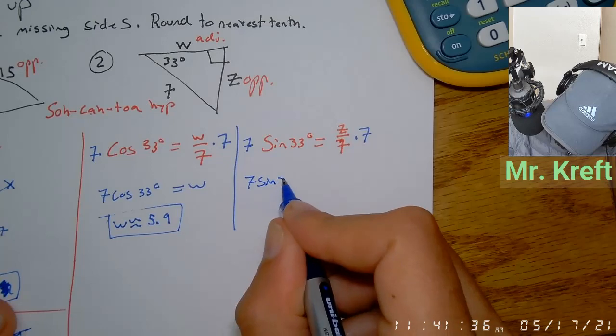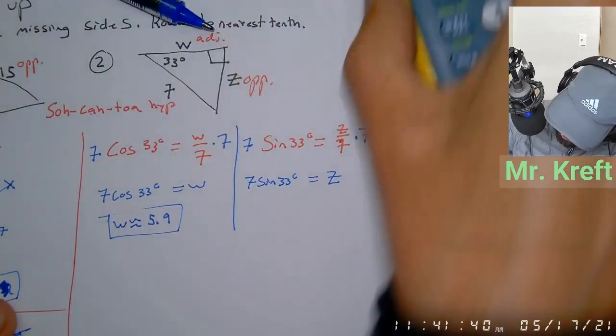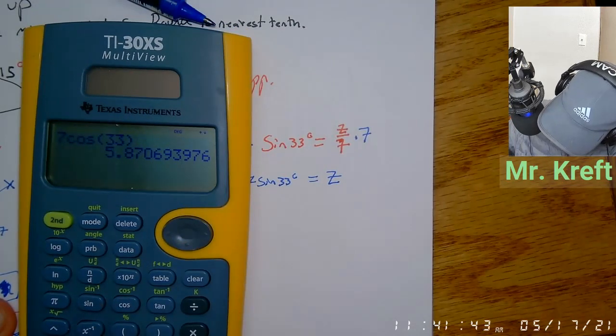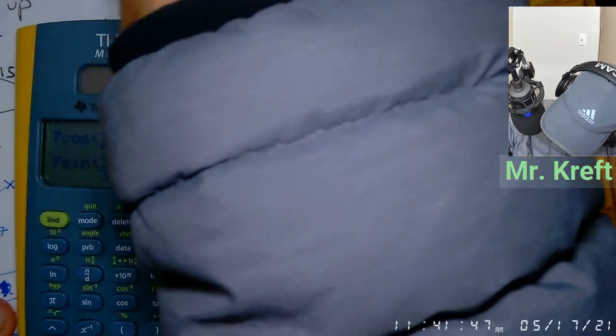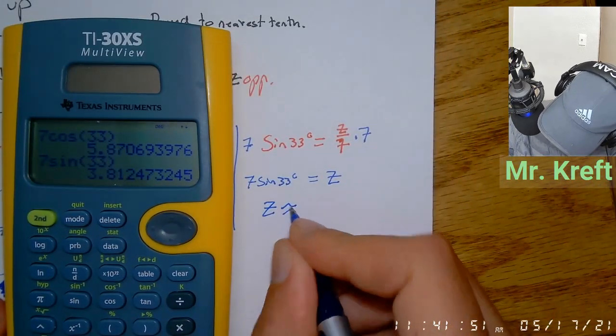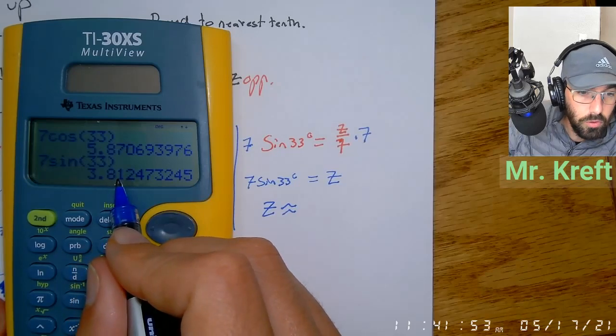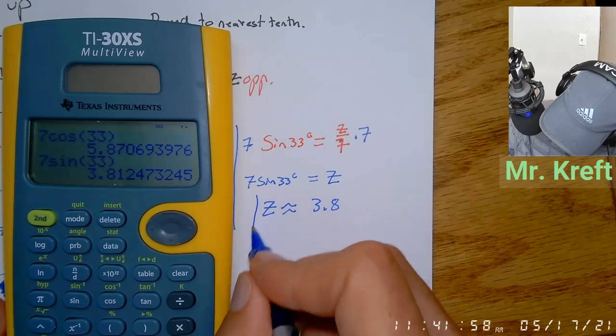I get 7 sine of 33 degrees equals z. I grab my calculator. I go 7 sine of 33. And I get that z is approximately, I go to the first decimal and look to the right. Is it 5 or higher? Nope. So 3.8.